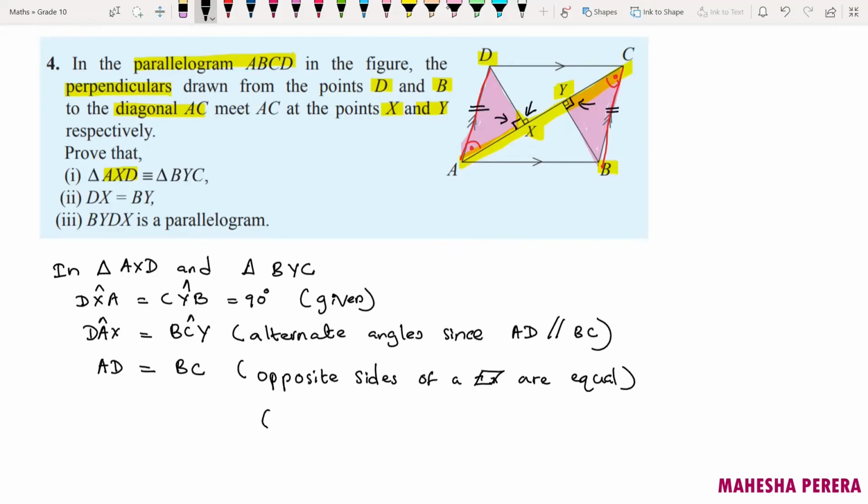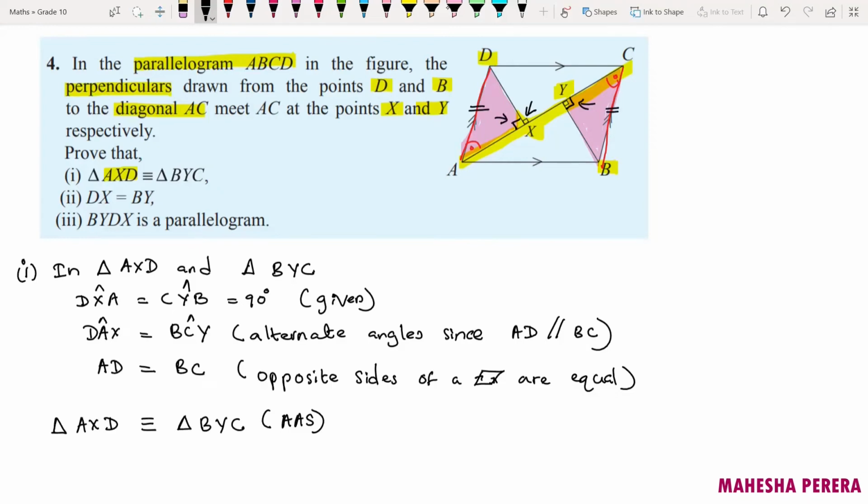So under the case AAS, these two triangles are congruent. Triangle AXD is congruent to triangle BYC. Okay, so this is Roman figure 1.